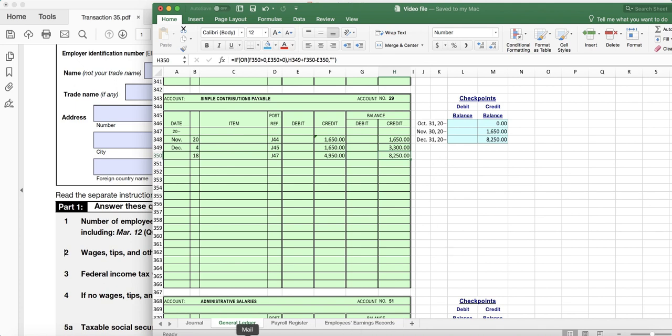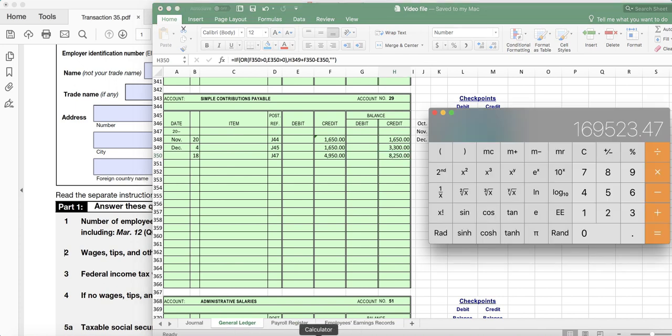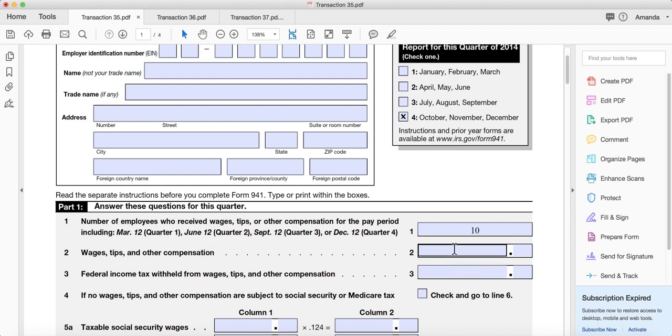That's $8,250. So we're going to subtract $8,250. That gives us the amount we're going to enter in box 2. So it's 161,273 and 47 cents.